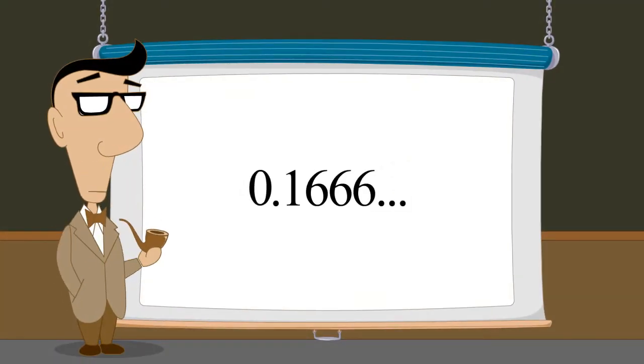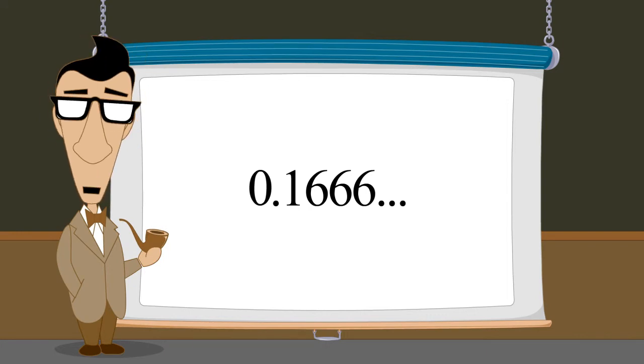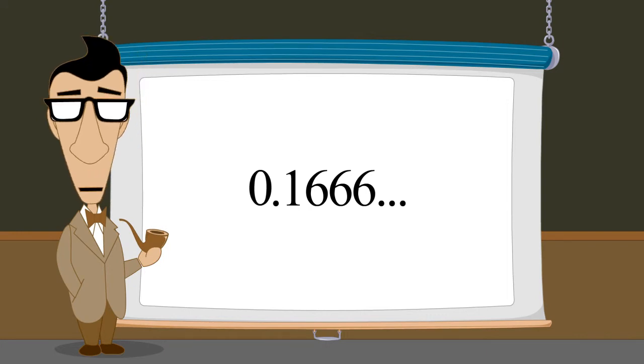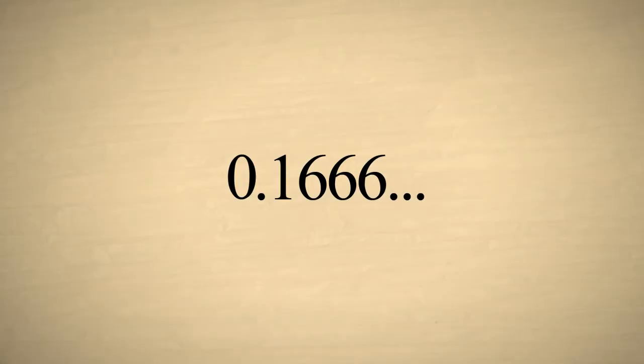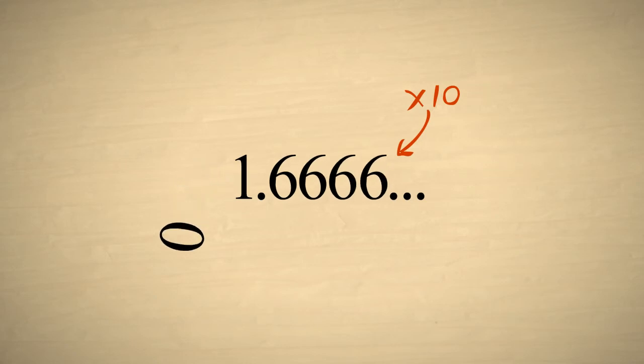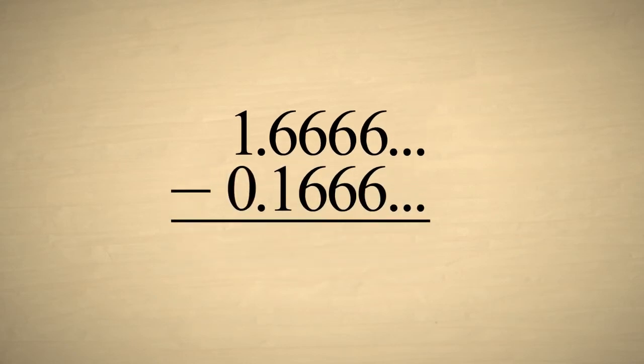Let's see what happens with the repeating decimal number 0.1 followed by an infinite number of sixes. Since there is only one repeating digit, 6, we shift the number one column to the left by multiplying by 10 one time and subtract the original number. This eliminates the repeating sixes, and we are left with 1.5.